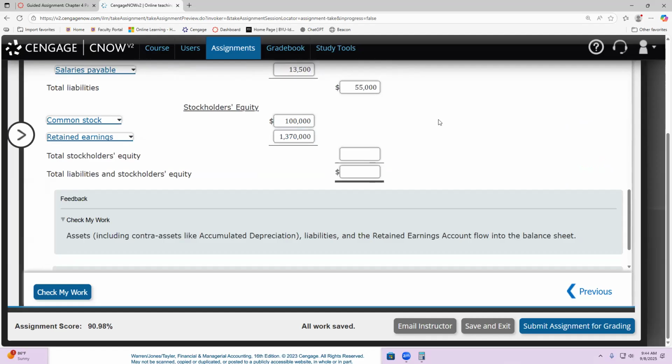So our total stockholders' equity then adds up to 1,470,000. And our total liabilities plus stockholders' equity should be, what is that? 1,525,000.